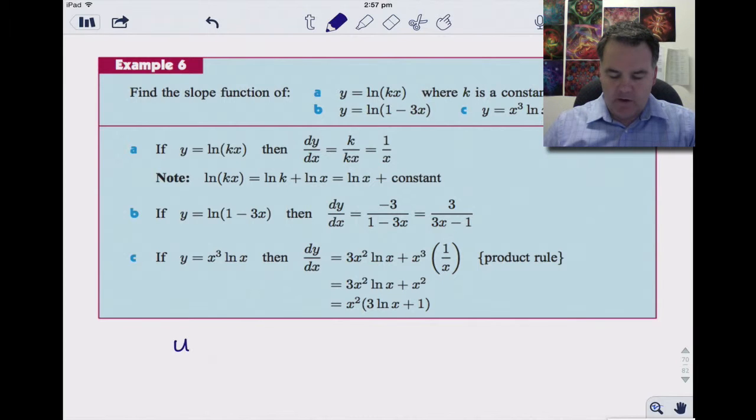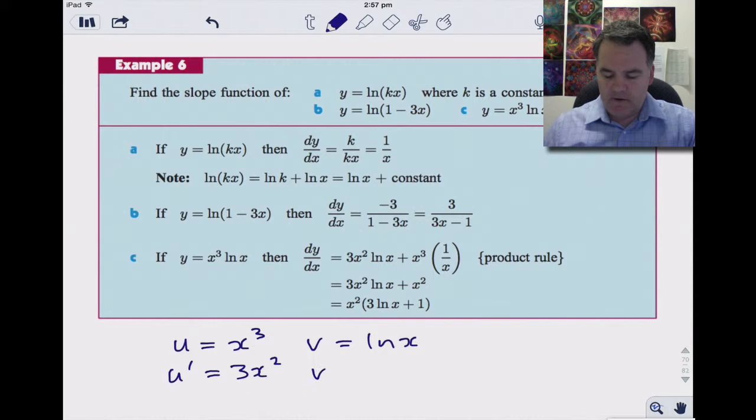So if I define u as equaling x cubed and v as equaling ln x, we're obviously going to use the product rule here. So u dash is 3x squared, v dash is 1 over x, as we've just learnt, and then we just use the product rule, this kind of cross method.